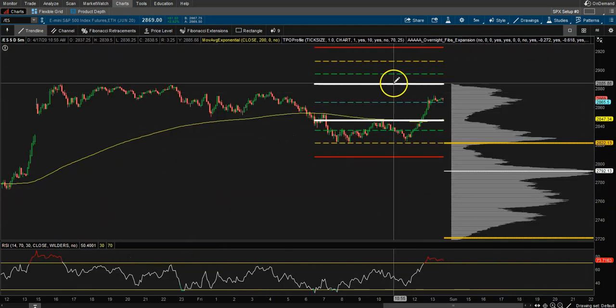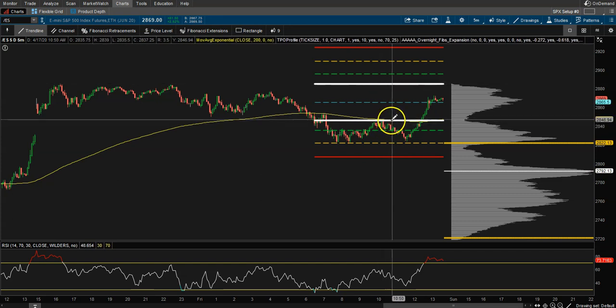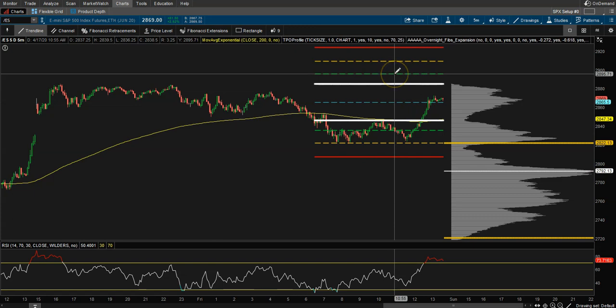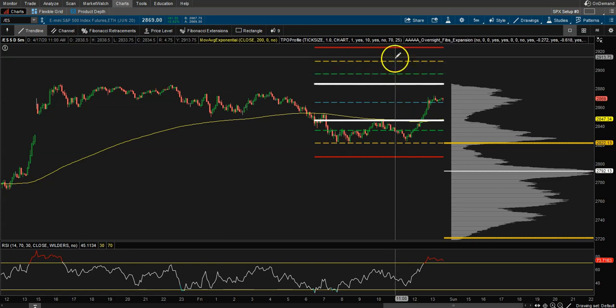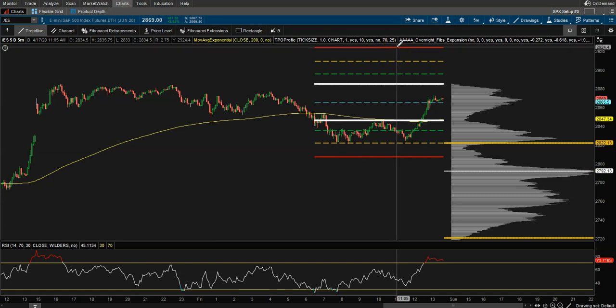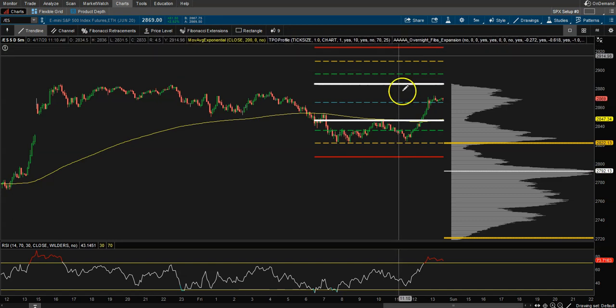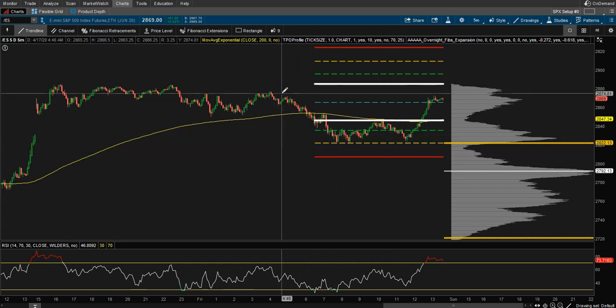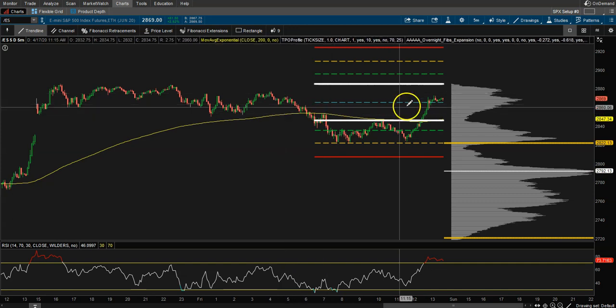You have the overnight high and the overnight low, which are the white lines, the 50% level, and then you have the 127, 161.8 and the 200 fib extensions for above and below. It's a great tool to see where potential support, resistance, and other things are lining up.